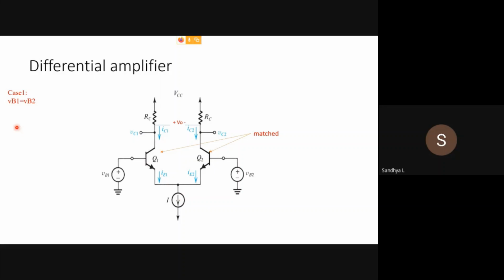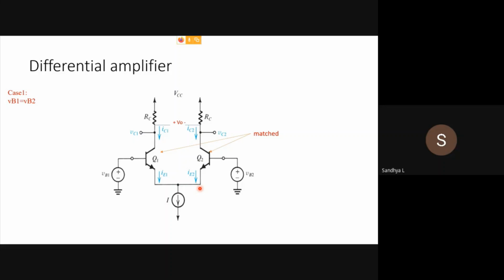In this particular case, when VB1 equal to VB2, both the transistors are assumed to be on, that is VB1 and VB2 are sufficiently large so as to keep Q1 and Q2 on. When Q1 and Q2 are both conducting, you will have IE1 and IE2 flowing through the emitters of these two transistors.